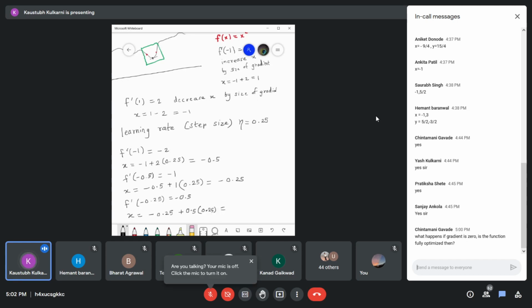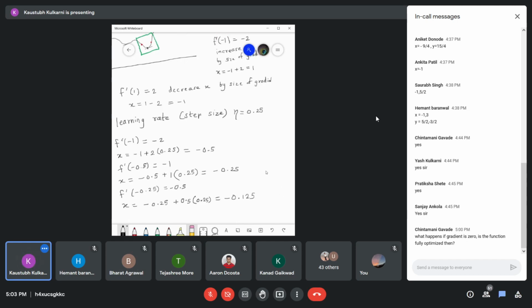So it is 0.125, from here, and it will be -0.125. And you can keep moving in the same direction.